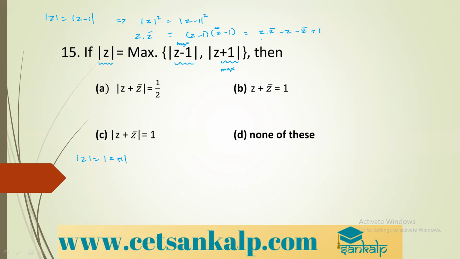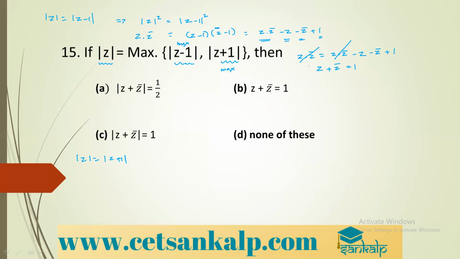When I multiply, I get Z into Z bar minus Z bar plus 1. So I can cancel these two and write Z plus Z bar equal to 1. So this is what I got here.